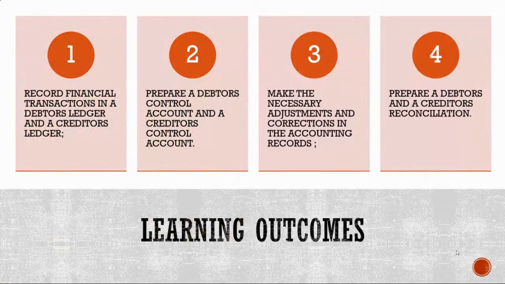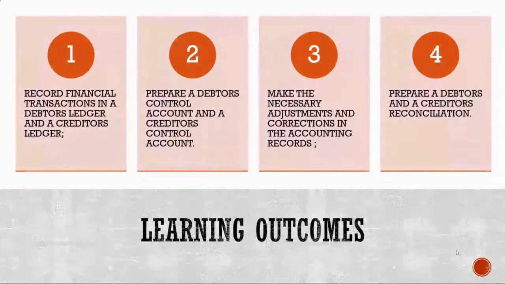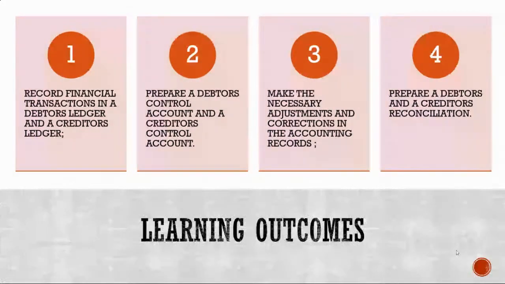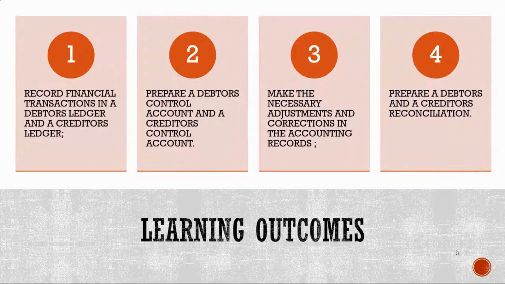Now let's quickly look at the learning outcome specifically for this learning unit. The first one is you need to be able to record the financial transactions in a debtor's ledger or a creditor's ledger. Okay, so you need to be able to do the general ledger account, so the big control accounts. The individual ones would be their own individual account, which is sort of your statement, whereas the control account is all your debtors, all your creditors combined in one account.